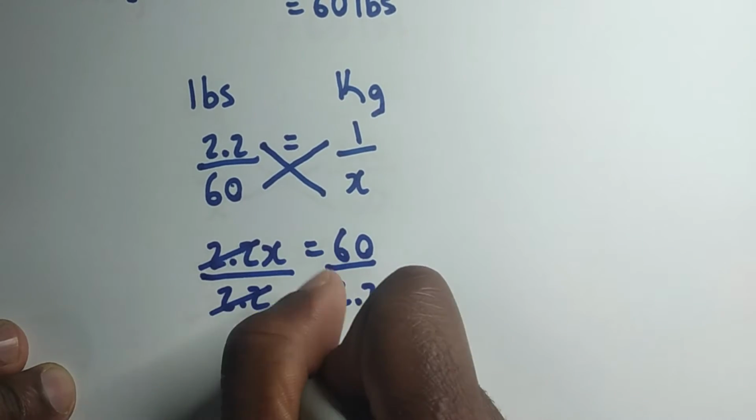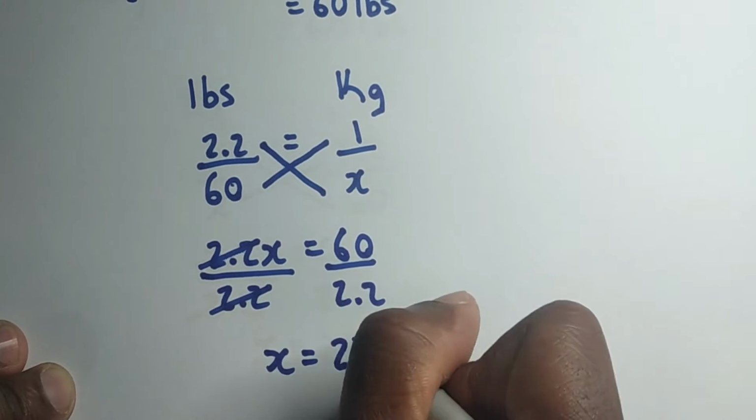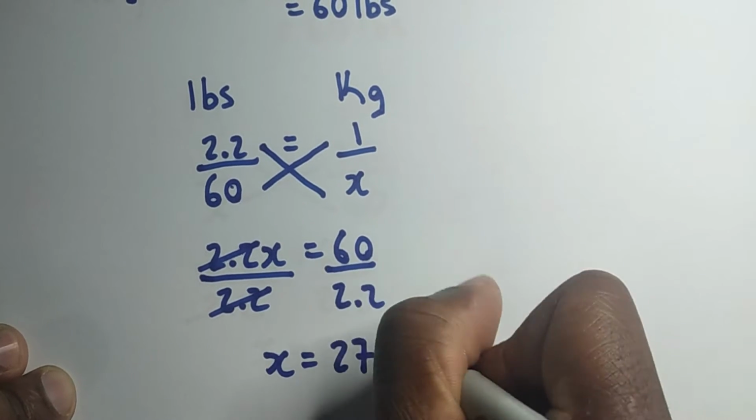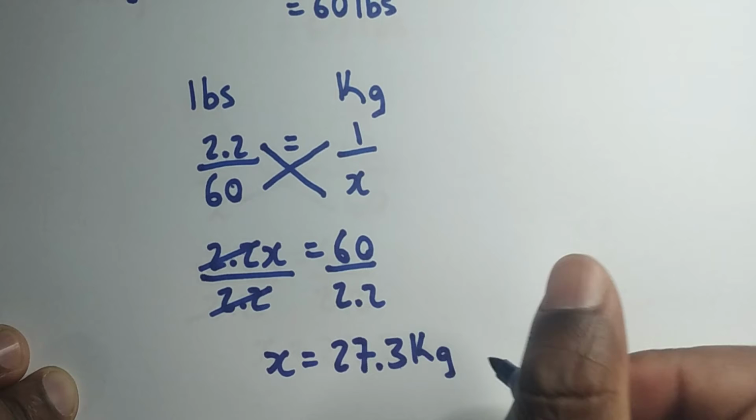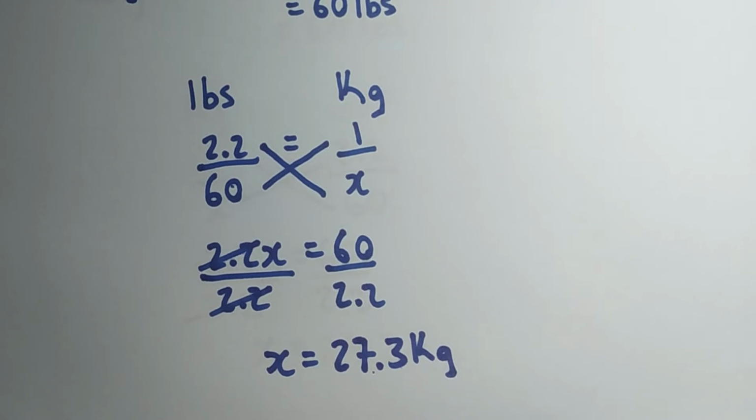I'm left with x is equal to 27.3 kilograms. All right. And you might obtain 27.2727, but you can round it off to one decimal place and you'll obtain 27.3 kilograms. All right. So this is pretty much how we treat question 3.